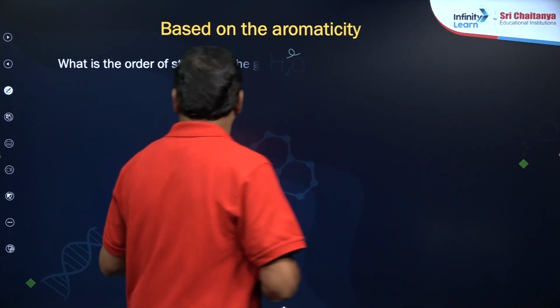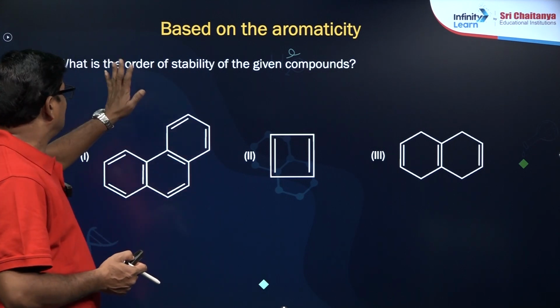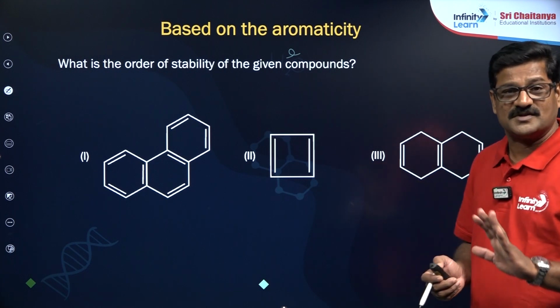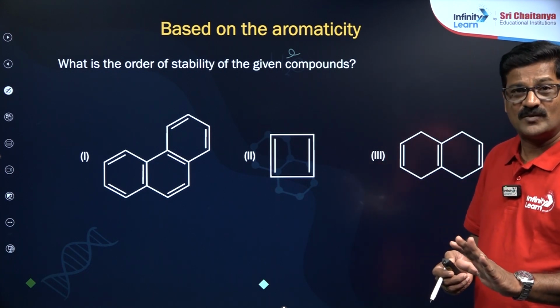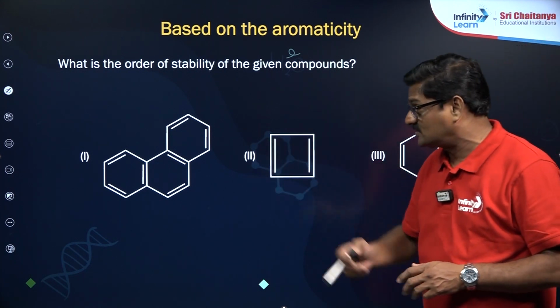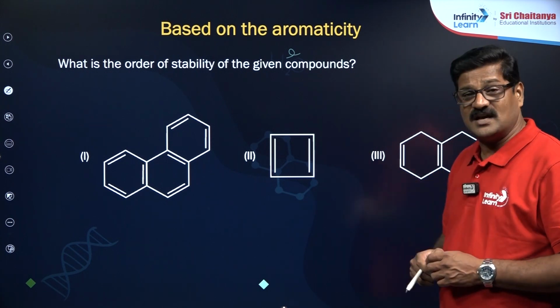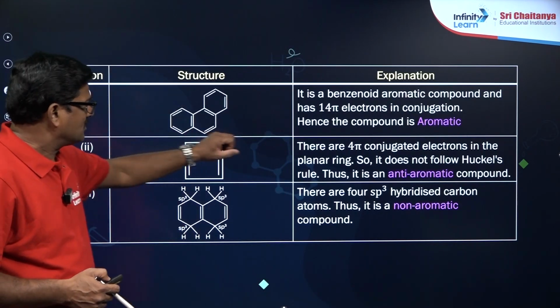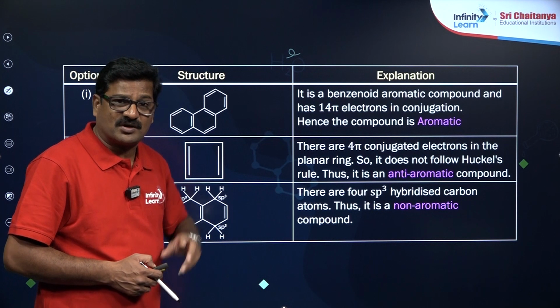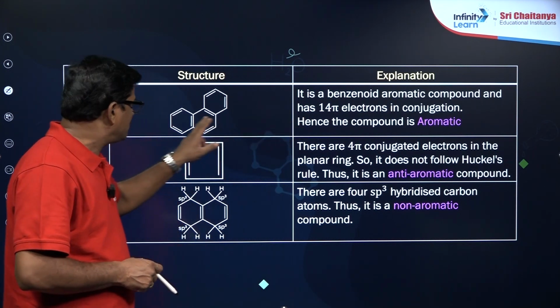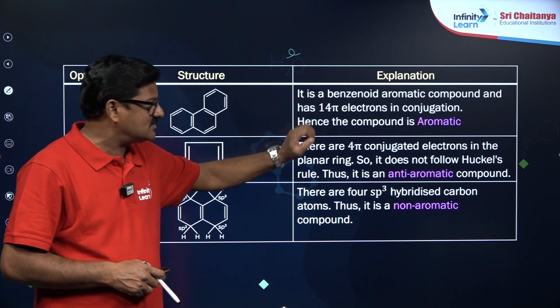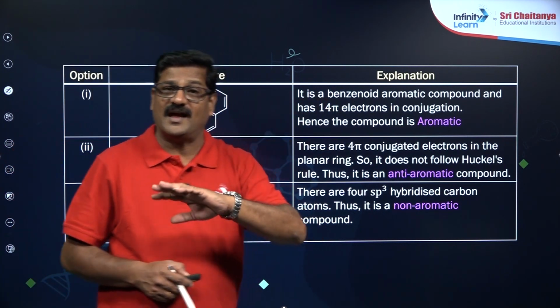And also based on aromaticity, which is the order of stability of the given compounds? Again the same kind of thing. Analyze: this is aromatic, this is anti-aromatic and this is non-aromatic. This structure is a benzenoid aromatic compound. It has 14 pi electrons because it has 7 pi bonds in a conjugated system, therefore it is aromatic.